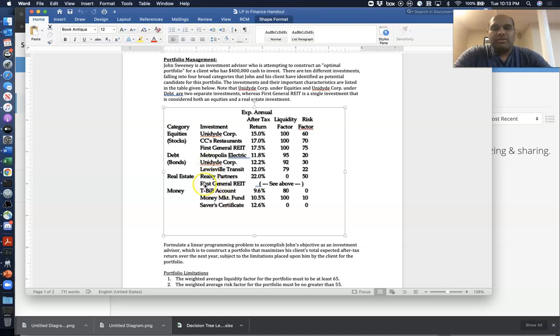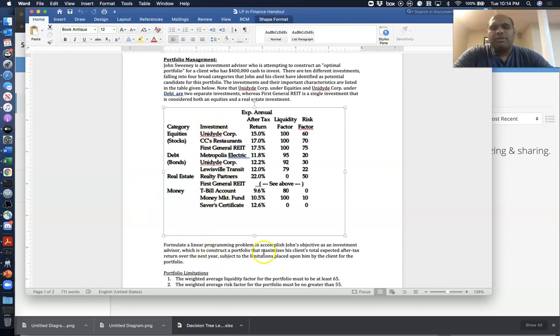But First General REIT, you'll notice that it is there in equities and real estate, but that's a single investment that is considered both an equity investment and a real estate investment. So there are 10 investments in total.